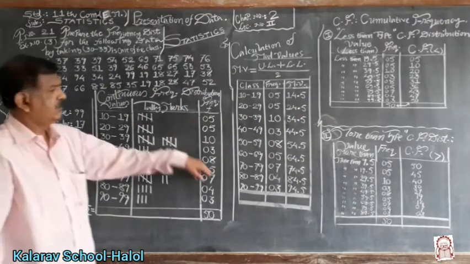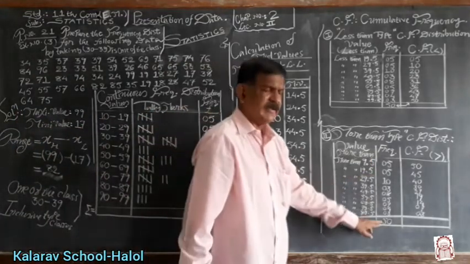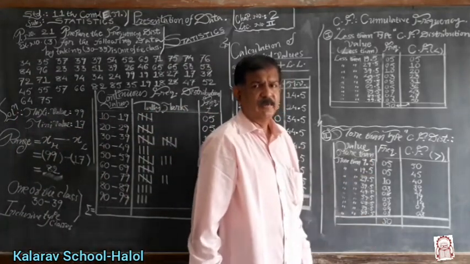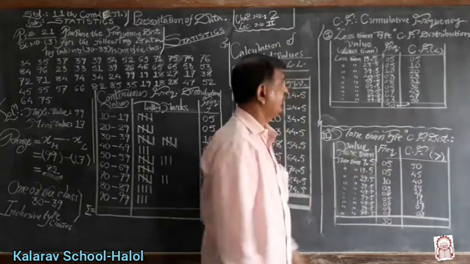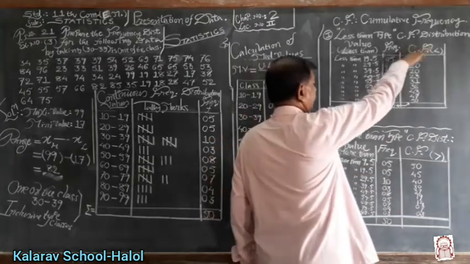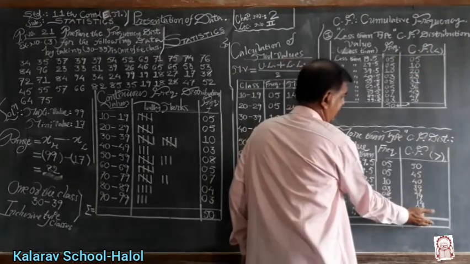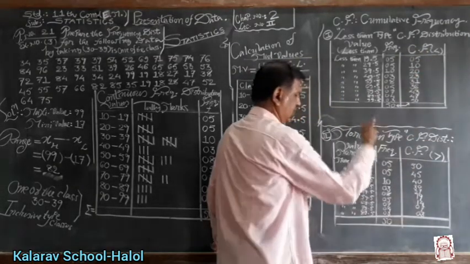The frequencies are, see, the middle column is our simple frequency. How to compute more than type CF? Take the order from bottom to top. In less than type CF, it is top to bottom; in more than type cumulative frequency, it is bottom to top.